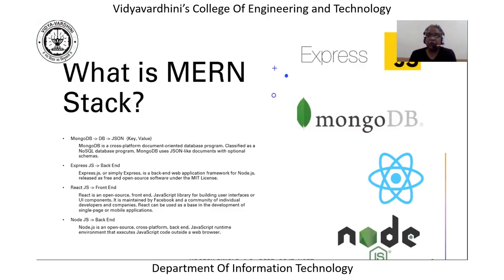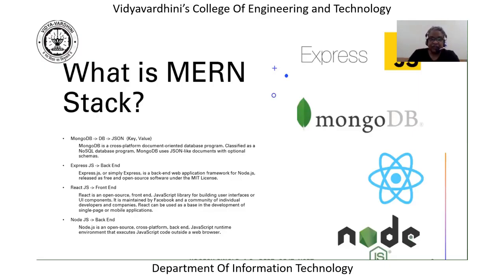You keep it in a document in JSON format. Once you compile the JSON file, it converts into BSON, binary object notation. So MongoDB is a cross-platform, document-oriented database program. It's classified as a NoSQL database, right? So it is very important how NoSQL is going to be managed with the help of JSON.